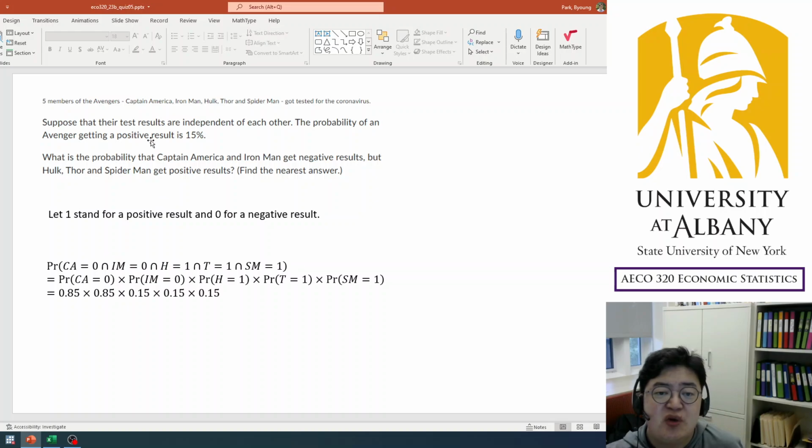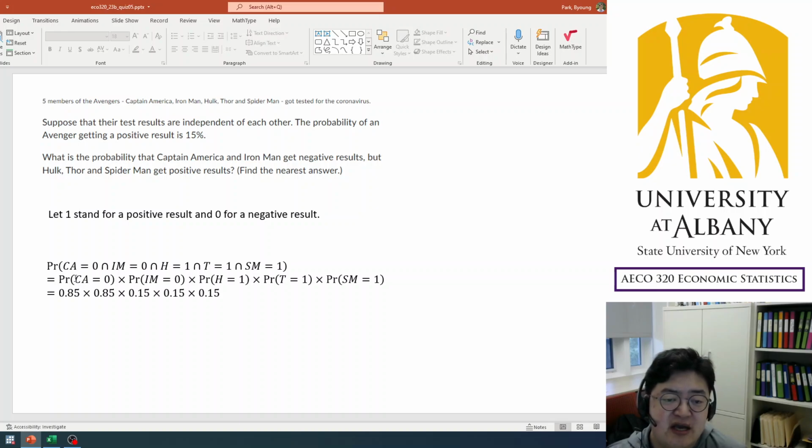And because we assume that they are all independent of each other, you can just break down the probability of intersection as a multiplication of each single event, right?